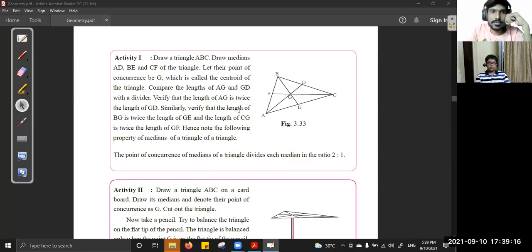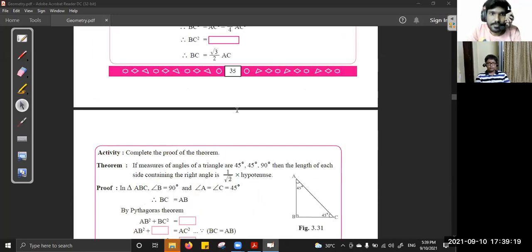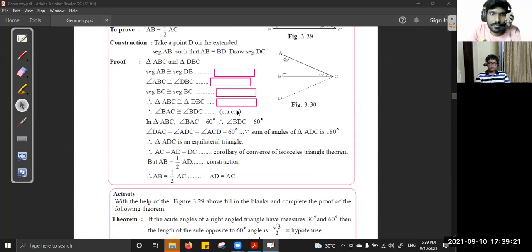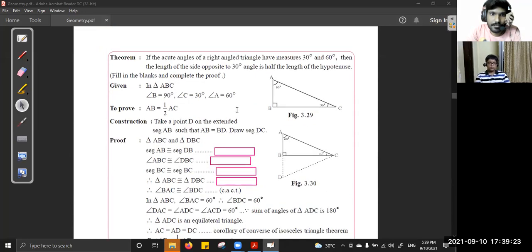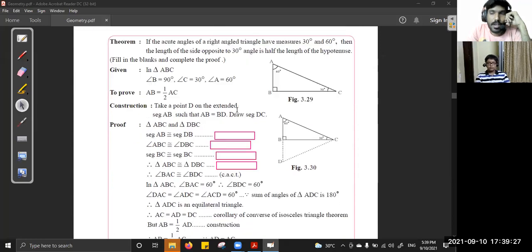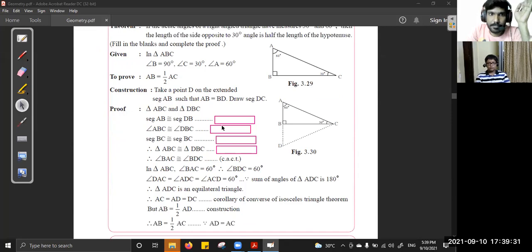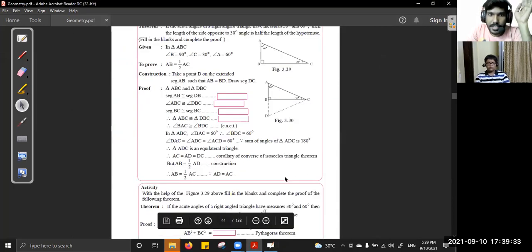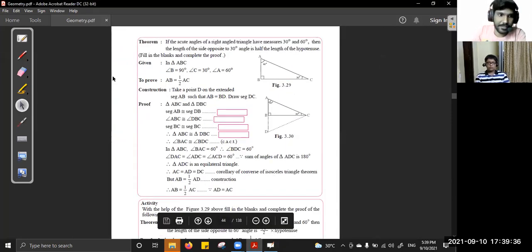Okay, now the proof of the 30, 60, 90 degree theorem. It's there in your textbook as an activity.